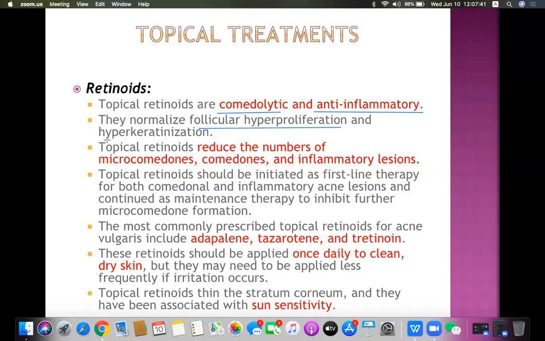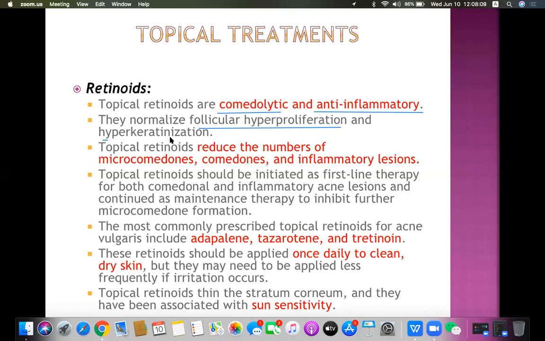Now remember, this point is quite important regarding one thing. If you go to the pathogenesis, the opening of the sebaceous gland should be blocked by those keratin tissue or those flecks. And if these retinoids are controlling that, then this is a very good point for the patient. Okay? This is excellent for the patient.